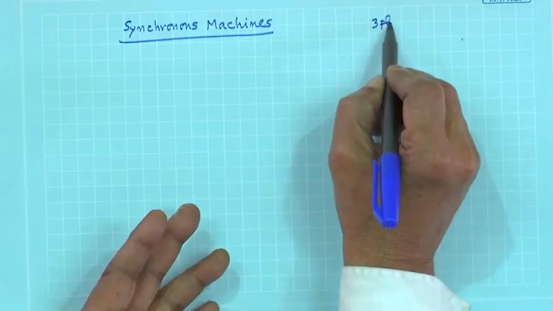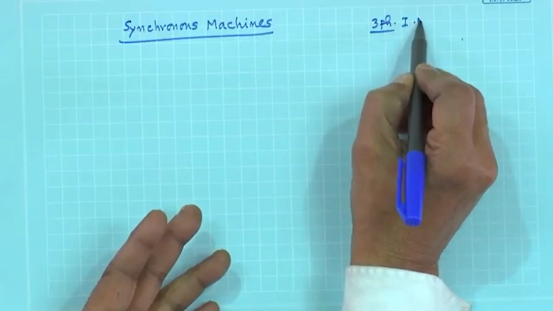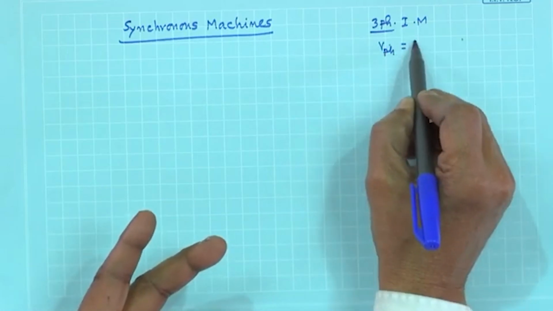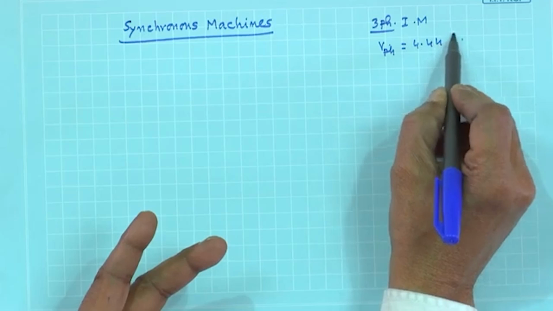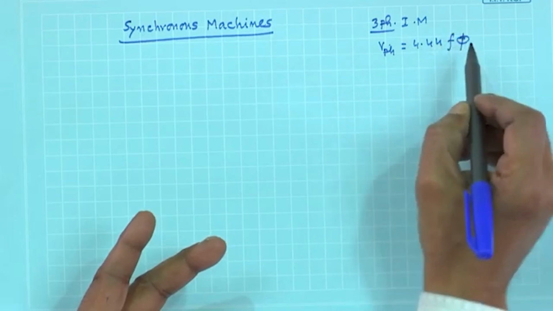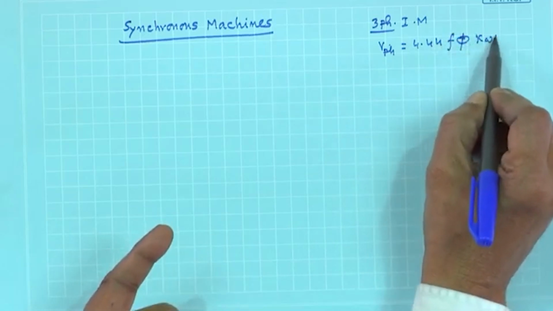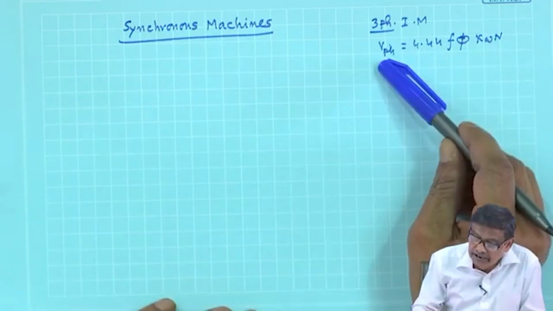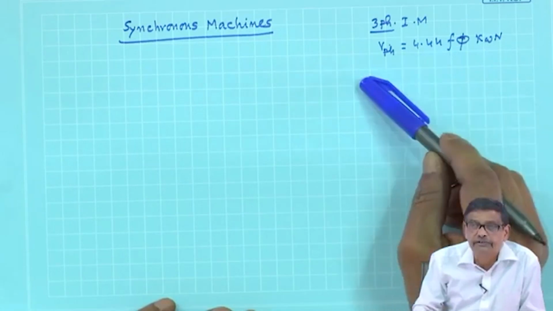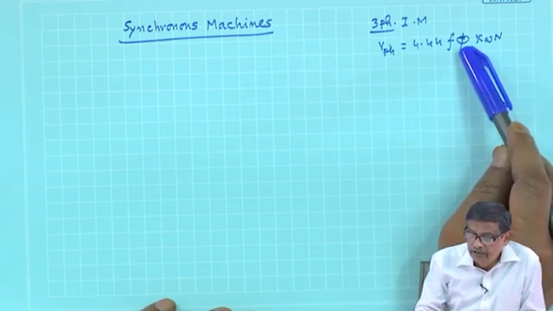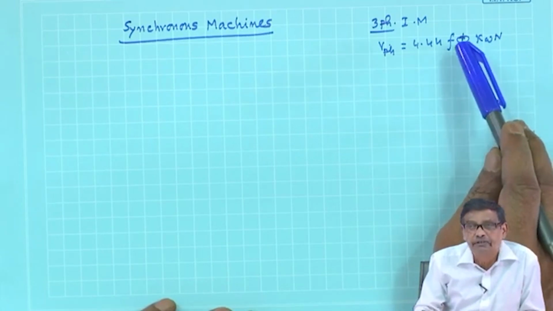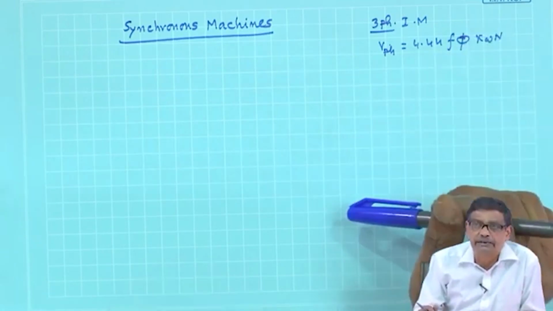because the supply voltage in a 3-phase induction motor, we have seen that phase voltage is equal to 4.44 f phi per pole into k_w into N. So, the moment V phase and supply frequency are fixed, the level of flux in the machine is fixed. This phi is flux per pole because of B net.